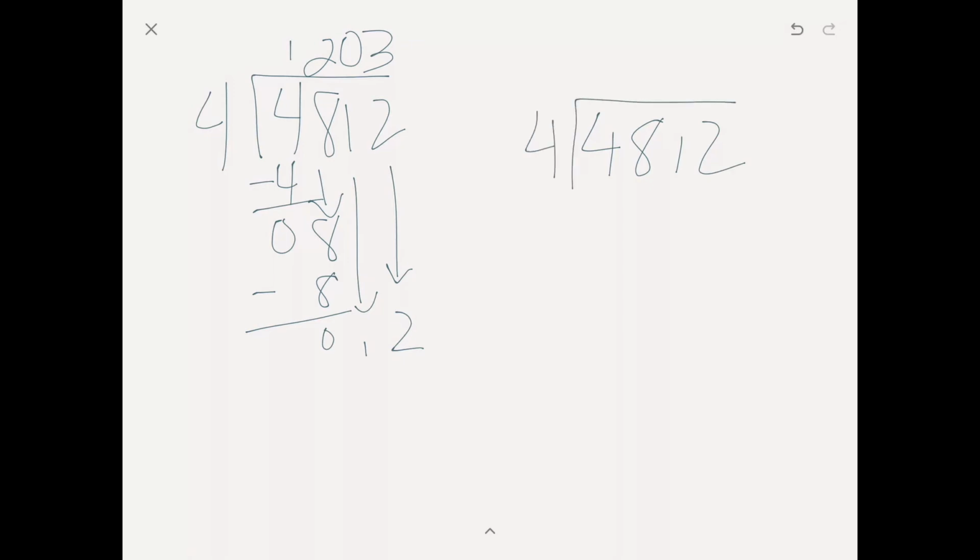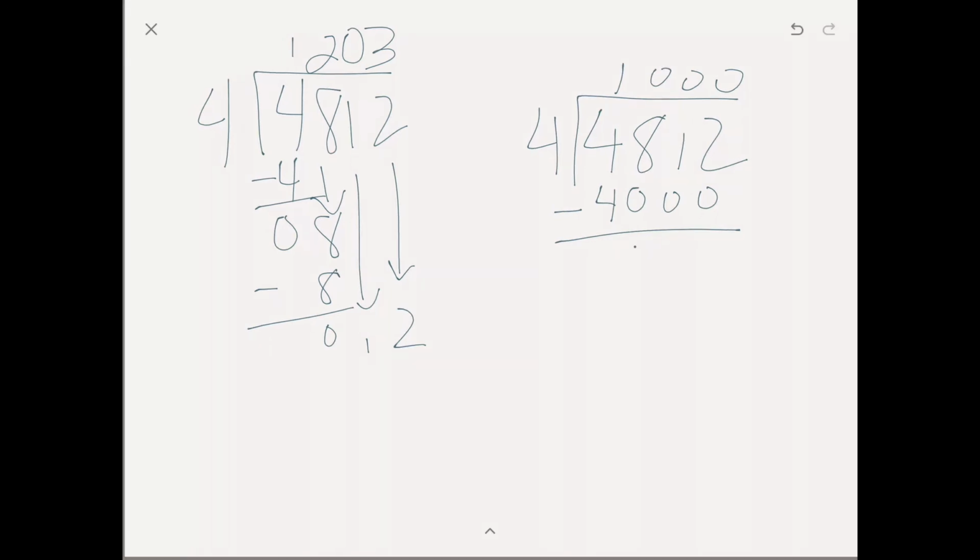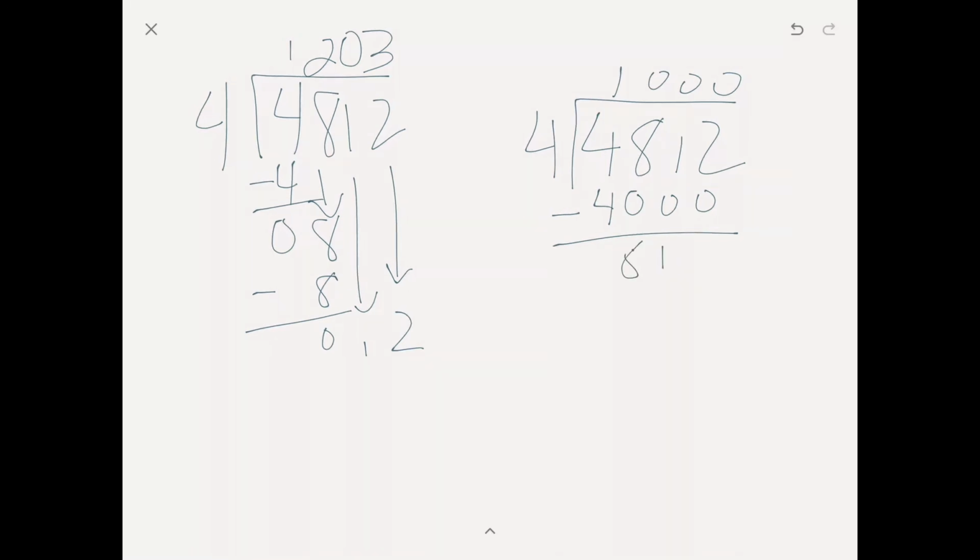All right, so the 4 goes into 4,000 1,000 times. And 1,000 times 4 is 4,000. And then when I subtract, I'm not just bringing down the 8. I'm bringing down all 812. There's still 812. And I need to figure out how many times does 4 go into 812.